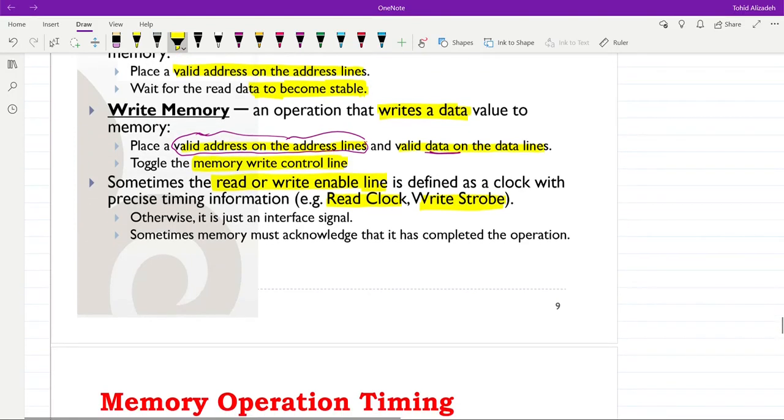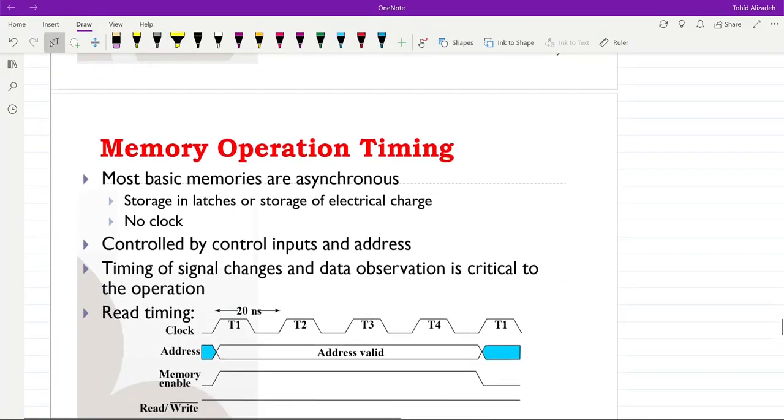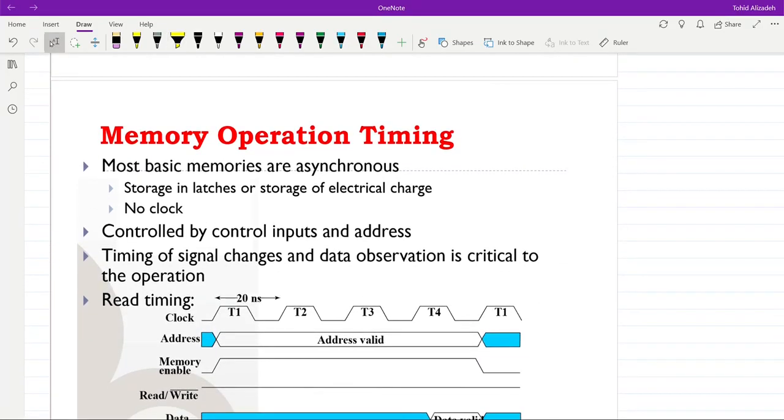And sometimes we need the memory to acknowledge that it has completed the operation. So this is also possible. We ask the memory to perform an operation, and then the memory should acknowledge that the operation is completed.